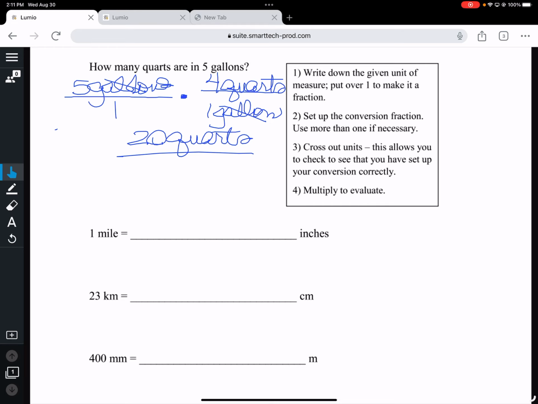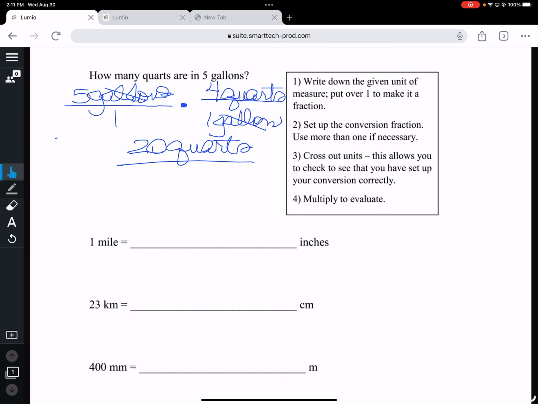All right, we could go miles to yards, but let's do miles to feet, and then we can do feet to inches. So let's look at how we're going to set it up. We need inches to be the last label left.